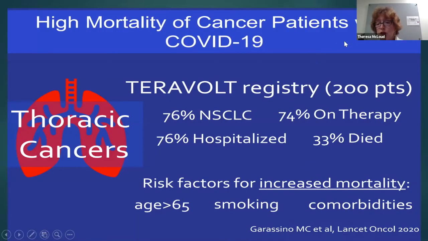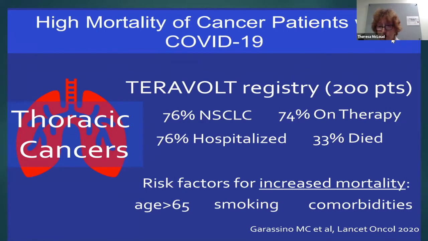Now, there is a lot of documentation in the literature, not surprisingly, of the high mortality of cancer patients with COVID-19. This was a thoracic cancer study, and that comes from the TERAVOLT registry. And 76% of the thoracic cancers, not surprisingly, were non-small cell lung cancer.